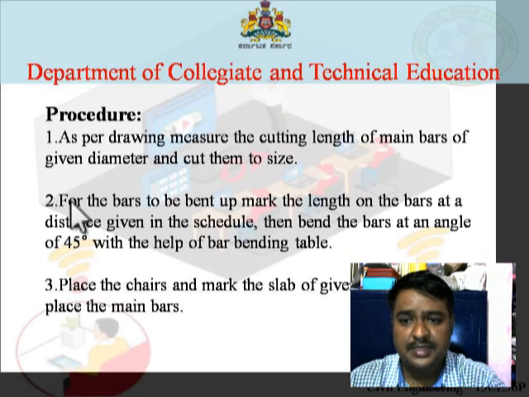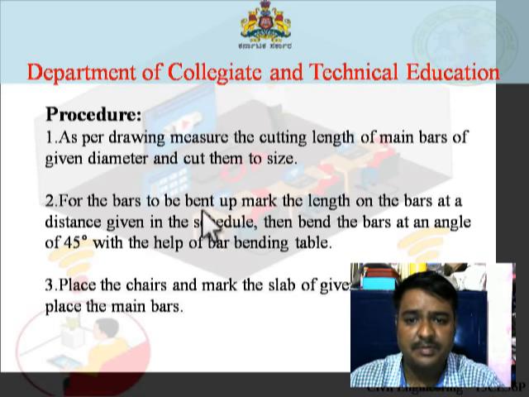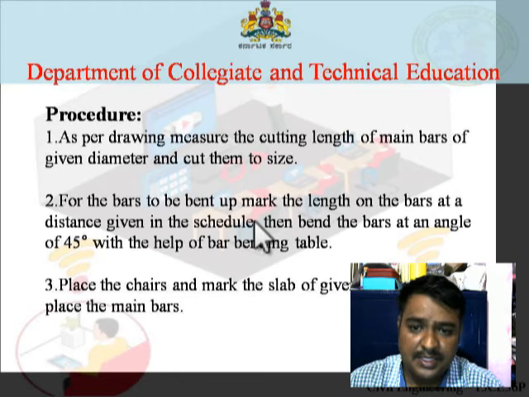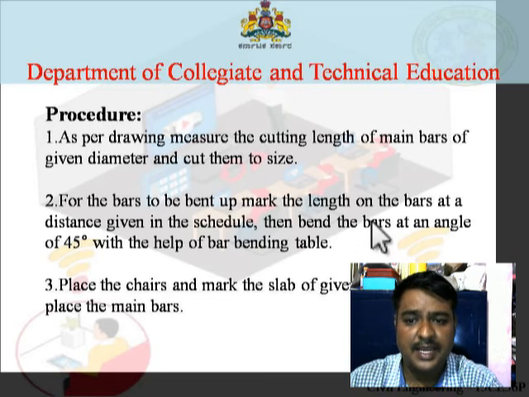And second point, for the bars to be bent up, mark the length on the bars at a distance given in the schedule. So this is very important for the bars to be bent up. Where we bend the bar, for a cranked bar, mark the length on the bars at a distance given in the schedule. So the distance is given in the schedule, you just mark the bent up length, and then bend the bars at a right angle with 45 degree.